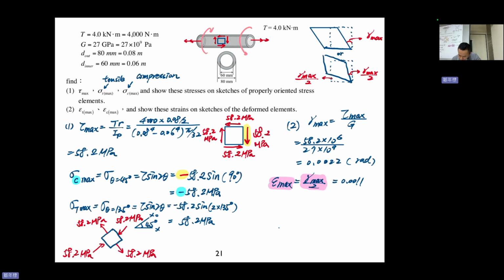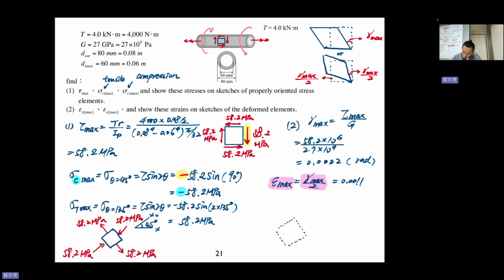Previously, it looks like a 45 degree, right? 45 degree before the deformation. After the deformation, you see in the 45 degree it compresses, and in 135 degree it elongates.